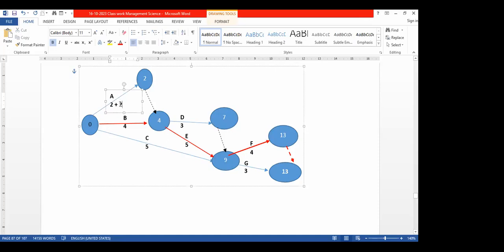Unnecessarily we have reduced. No need for this. Okay, so this is not required.